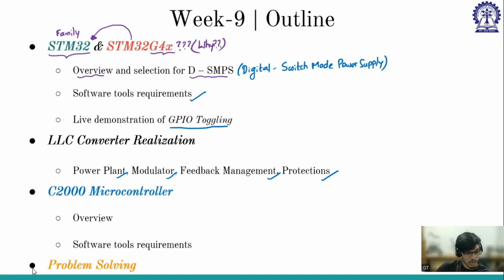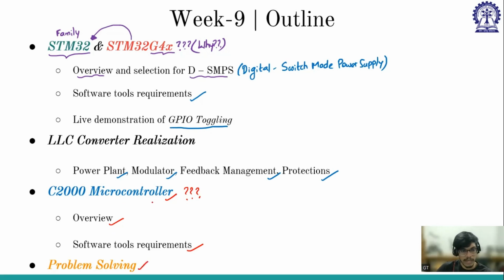Then coming to the C2000 microcontroller, which is from Texas Instruments. Again, we'll see some overview, then the software tool requirements, why the C2000 microcontroller is used, and what benefits it offers. We'll dive into the specifications of this microcontroller, and at the end we'll solve a few problems.